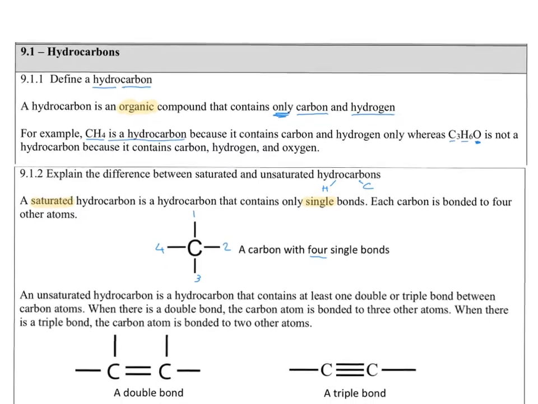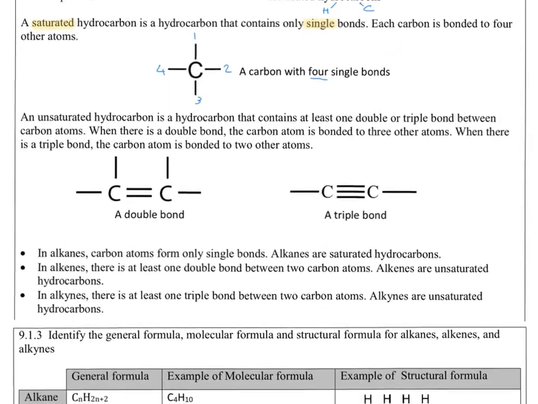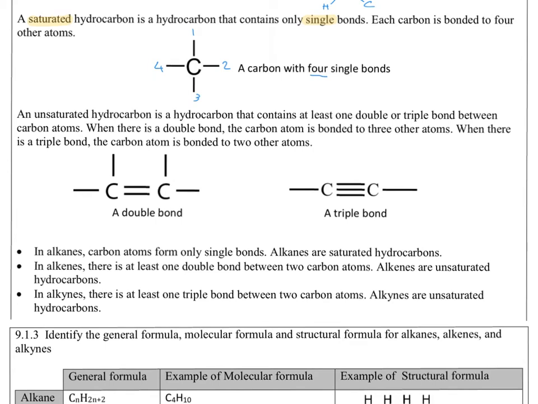Now, on the other hand, an unsaturated hydrocarbon has to have a double or a triple bond. So it has less than 4 bonds to other atoms. A double bond has 2 bonds, 1, 2, between the carbon atoms. A triple bond has got 3 bonds between carbons, 1, 2, 3.